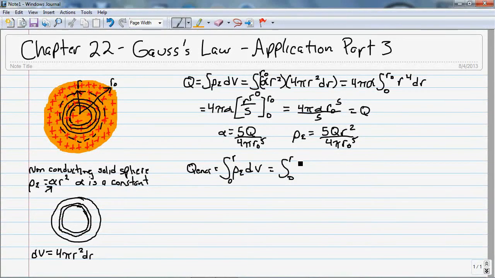Put in for my charge density, and my differential volume.